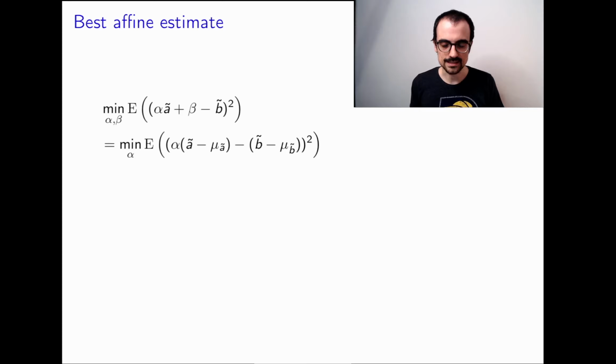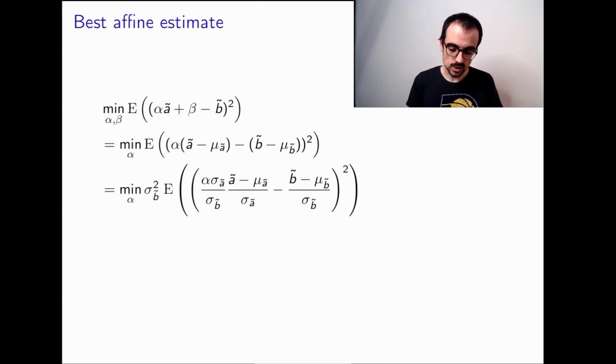Again, we have subtracted this optimal beta, and now we only need to worry about alpha. We have the two centered random variables, so let's divide. We divide by sigma B and sigma A. Here we divide and multiply by sigma A. Okay, so we can do that.